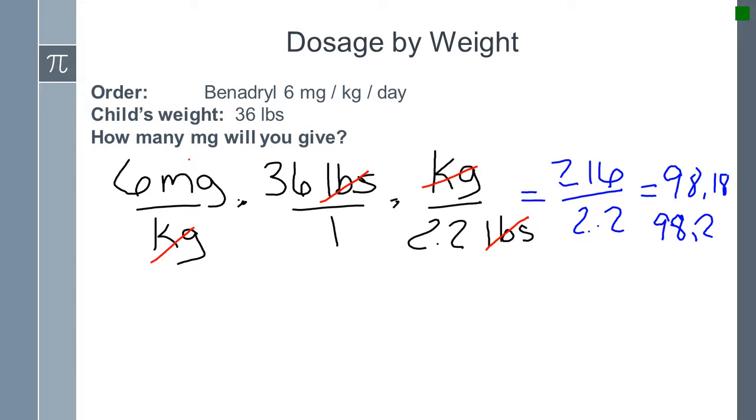So when I take 216 and divide that by 2.2, then I end up with 98.18. That could be 98.2, or it could just be the 98. It depends on what your problem is asking for, because this is just asking how many milligrams I'm going to give.